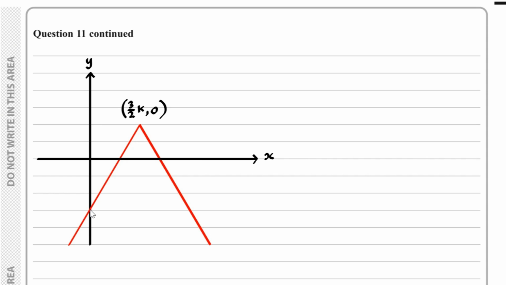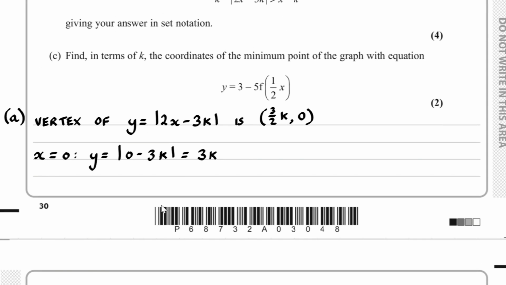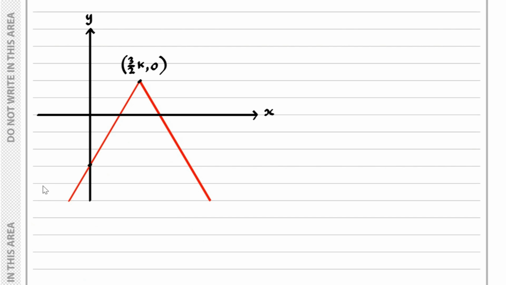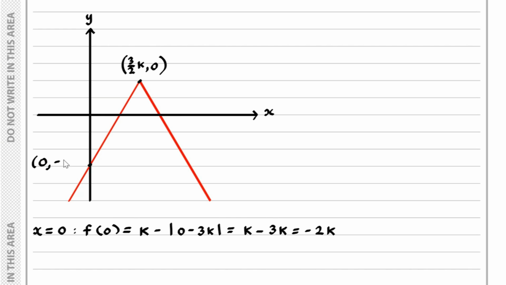And in terms of where it intersects the axis over here, well, when x is equal to 0, f of 0 is equal to k minus the mod of 0 minus 3k, which is k minus 3k, which is minus 2k. The coordinate here then is 0, minus 2k.